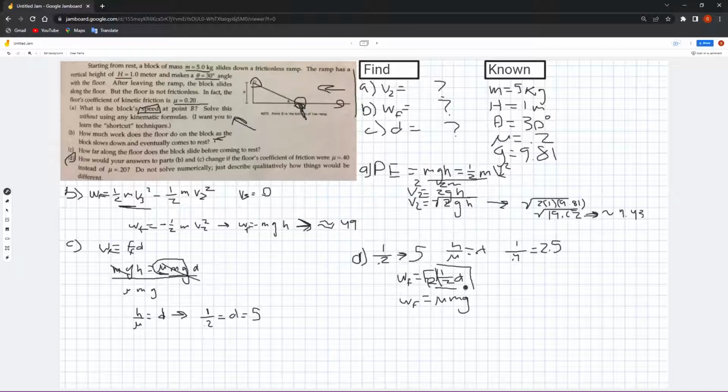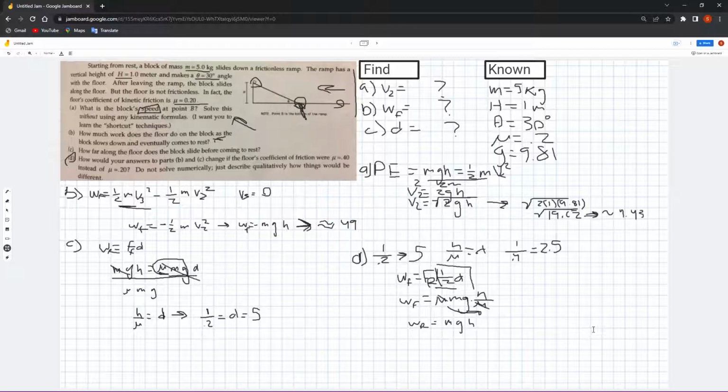So we could also expand distance, which would be h over mu. If you see this, the mu's would multiply and cancel each other out, leaving you with just mgh equals work of friction.